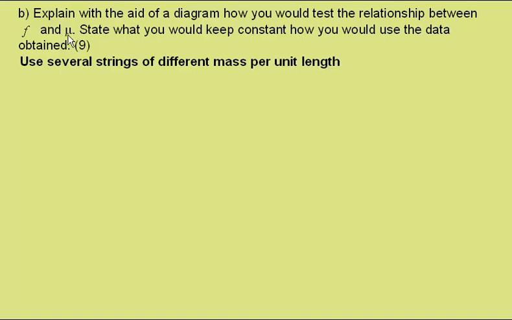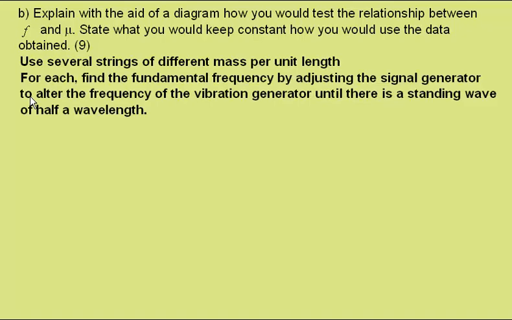We're going to change mu, and we're going to measure F. The way to measure F would be to find the fundamental frequency by adjusting the signal generator to alter the frequency of the vibration generator until there is a standing wave of half a wavelength, like this, between the vibration generator and the pulley. We can then read off the frequency of the signal generator for each of the different strings.